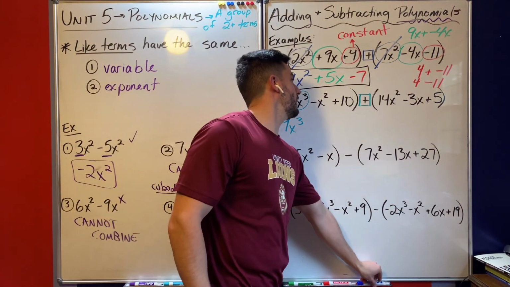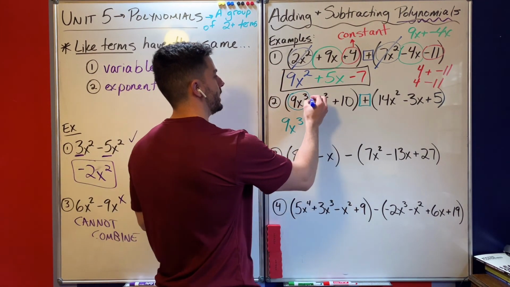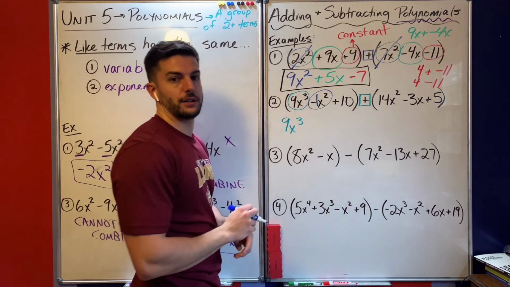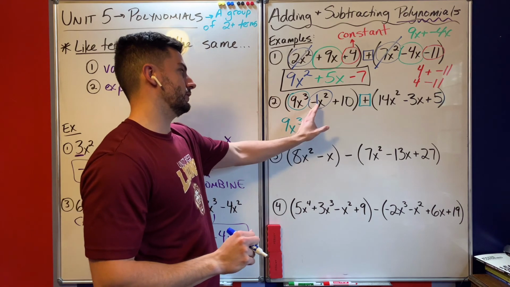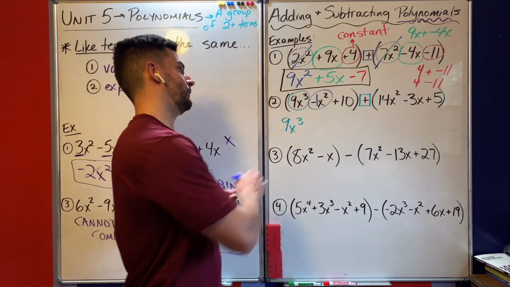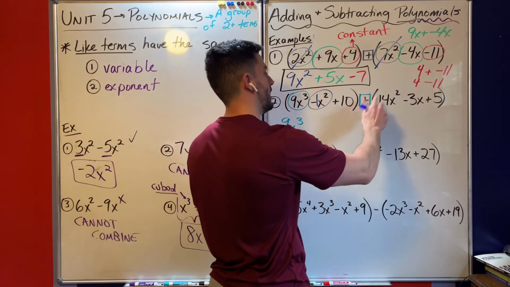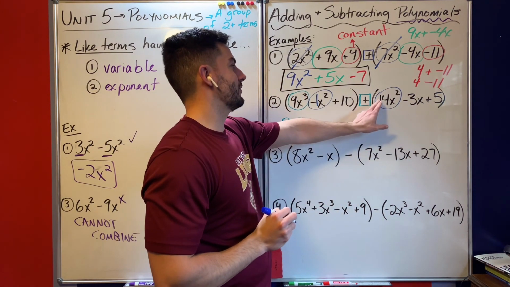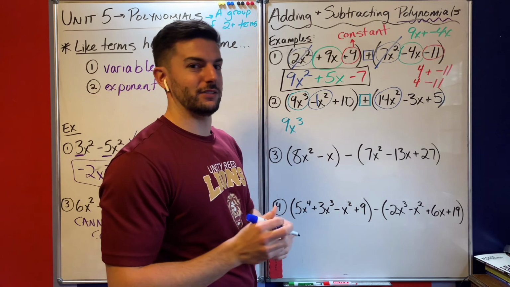And then for my next term, negative x squared. And again, what's helpful here is if you say negative 1x squared, to remind you that this is negative 1. That's how many there are. So negative 1x squared plus 14x squared. And there's no sign in front of this one, so you might be thinking, is that positive or negative?